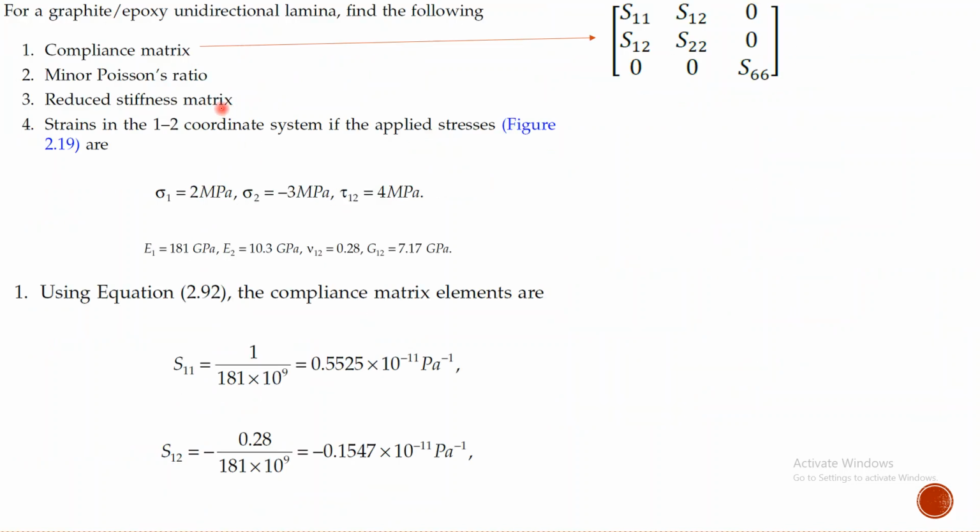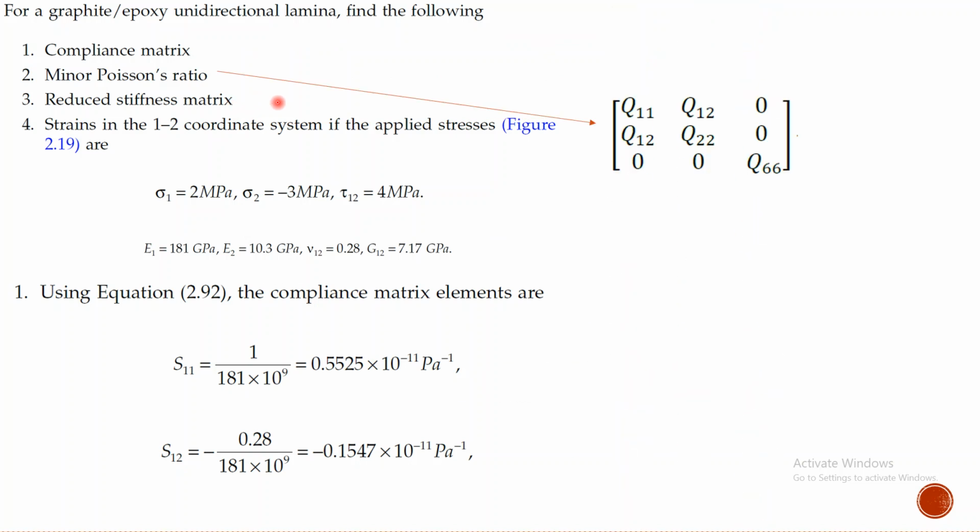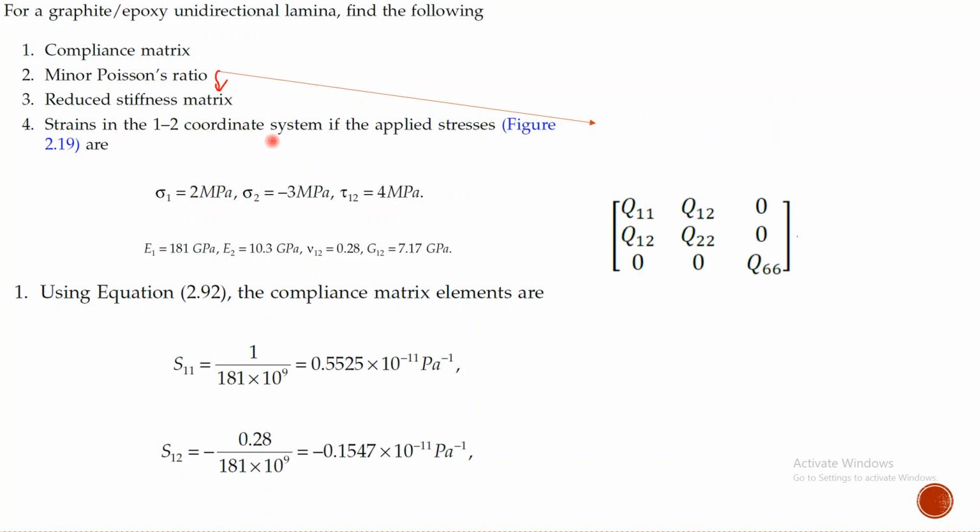Here nu21 is nothing but the minor Poisson's ratio. And the next one is the reduced stiffness matrix. What is that reduced stiffness? It is this one. The reduced stiffness matrix is nothing but I should calculate Q11 to Q66. Likewise you have to remember. And then the last one is the strains in the 1-2 coordinate system.